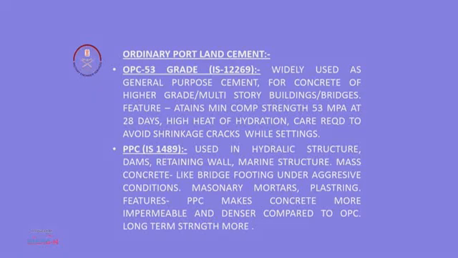It is used in hydraulic structures, dams, retaining walls, marine structures, wherever mass concrete is being done. The main characteristic of PPC is that it gives more strength over time. On 28 days strength, of course, there is not much difference between OPC and PPC, but as time passes, the concrete made with Portland pozzolana cement gets more strength.